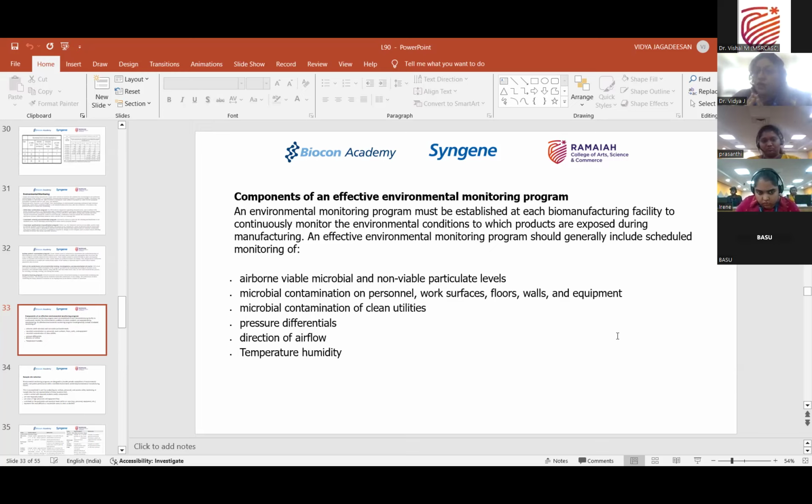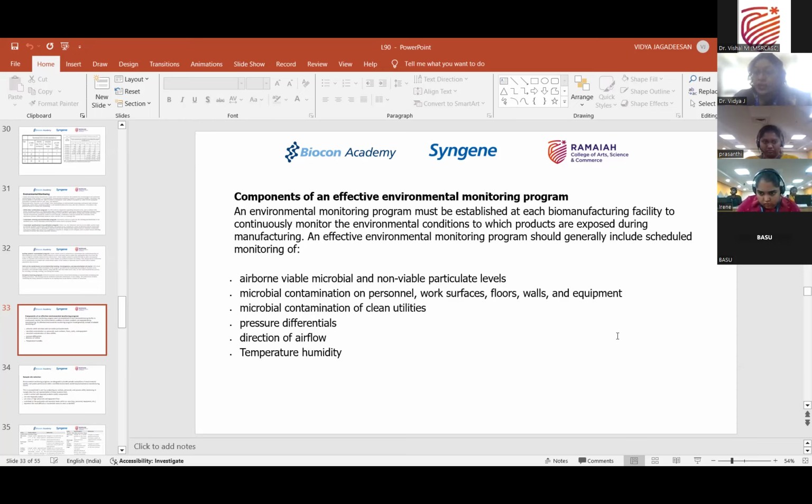And airborne particles, whether they are viable or non-viable particles, can cause any contamination level. It can be a high level or a low level of contamination, because it depends on the pathogenicity of the organisms.